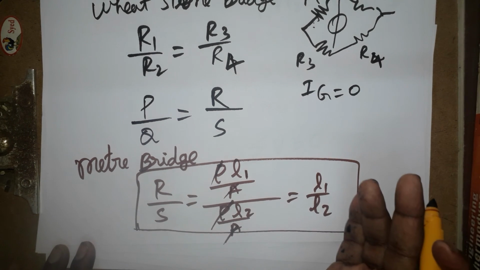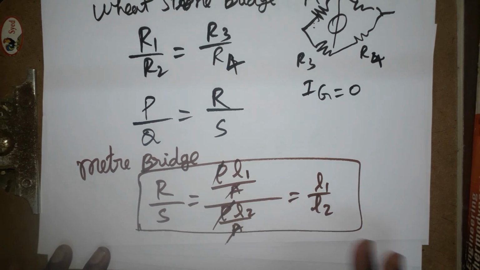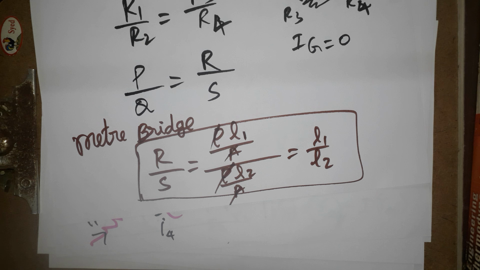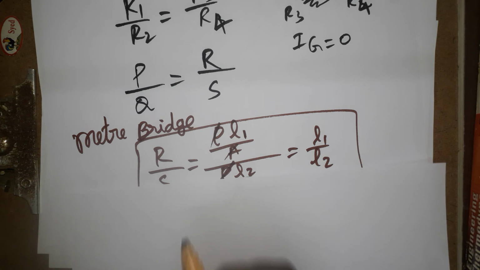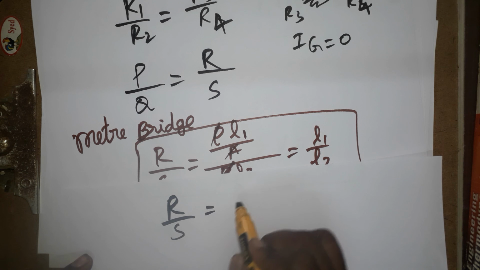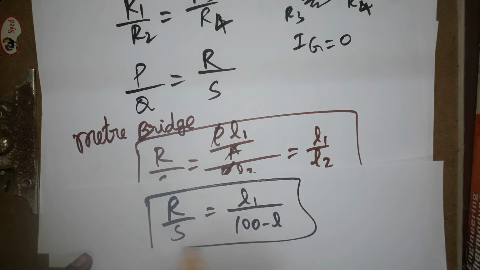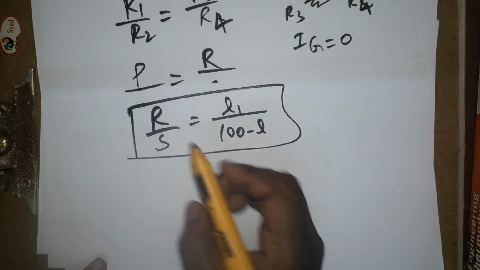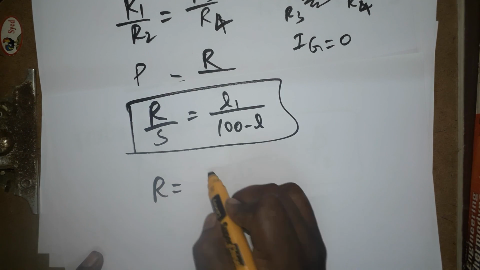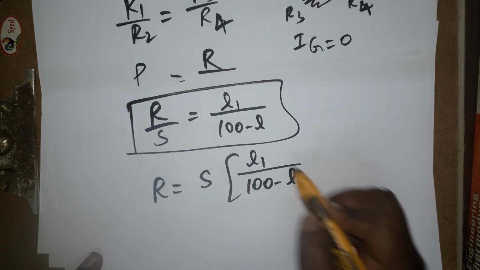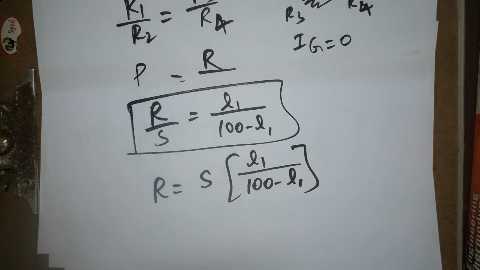I have given the explanation of how resistance changes to length. The meter bridge length is 100 centimeters, so R divided by S is equal to L1 divided by (100 minus L1). Using this we can find the unknown resistance. If R is the unknown resistance, R is S times L1 divided by (100 minus L1). Like that you can give the formula.